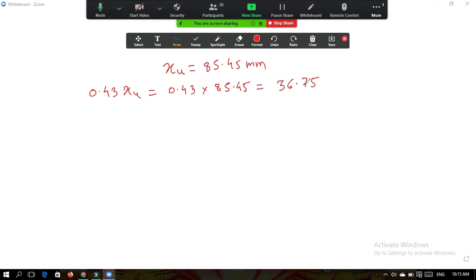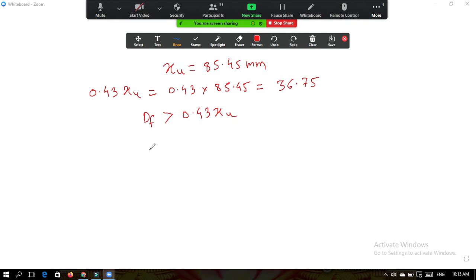Now compare the value of df and 0.43 xu. Here we can say that df is greater than 0.43 xu.